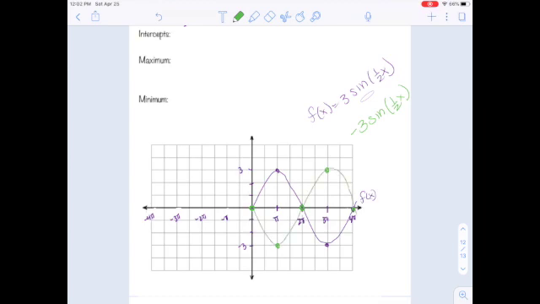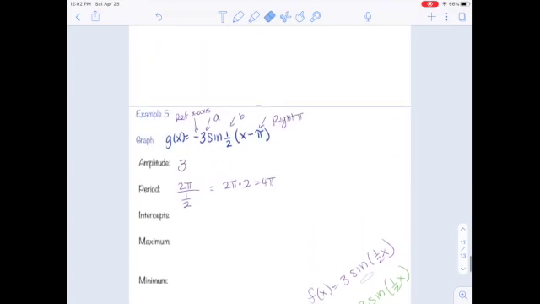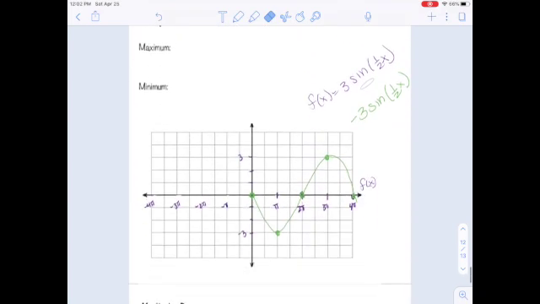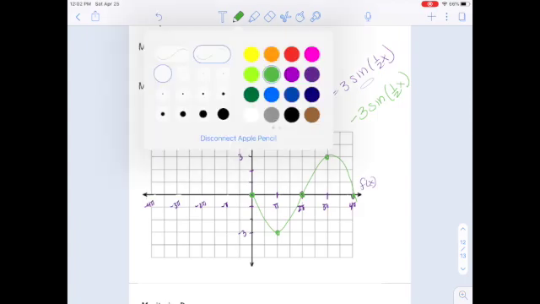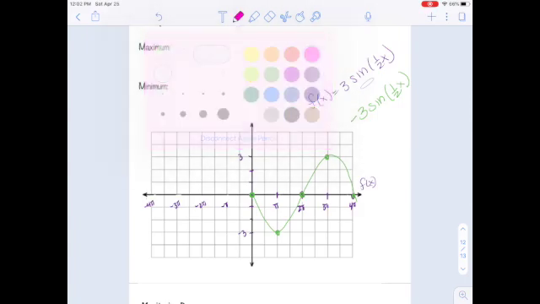All right, we're almost there, guys. And last but not least, we're going to take it and we're going to move our green graph. I'm going to erase my purple one just so things don't get too crazy. We're going to take our green graph and we're going to shift it to the right pi. All right, so let's go pink. That will be our done graph.